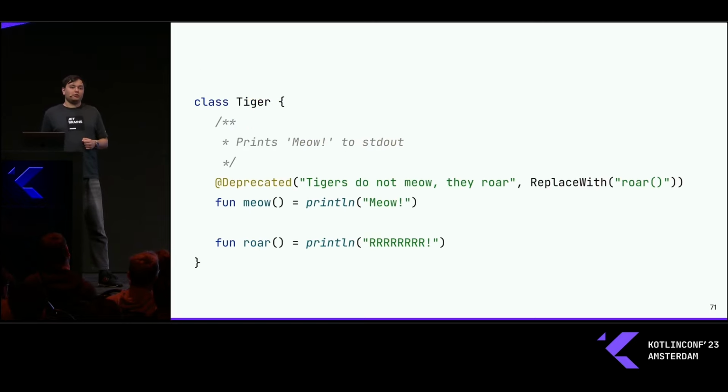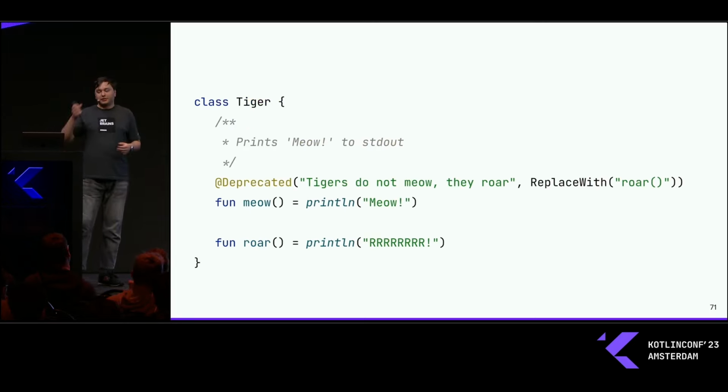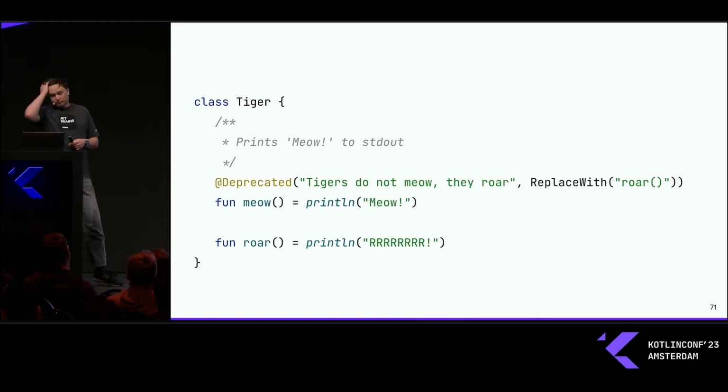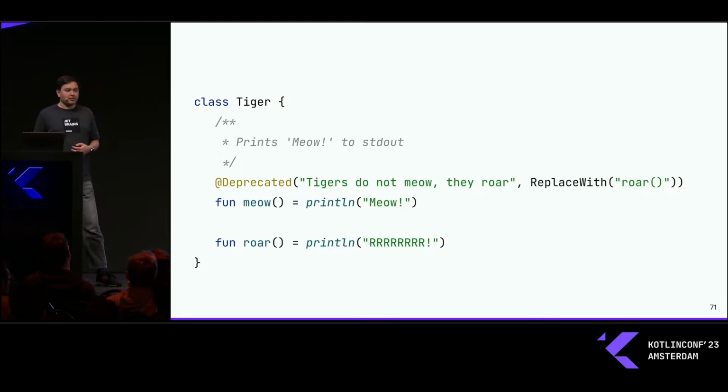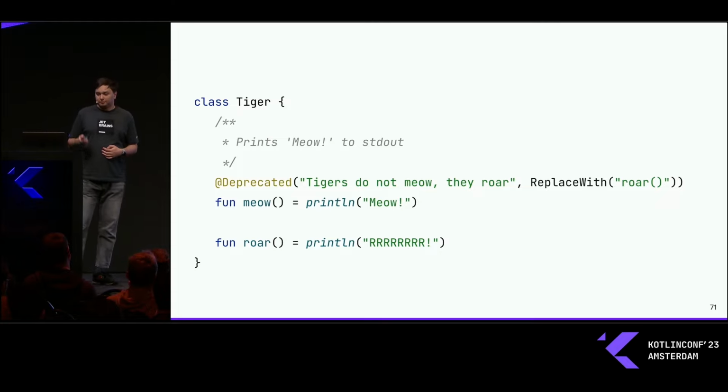Naturally, we don't use any deprecated tags in KDoc because it doesn't have any. So we simply leave our KDoc as is and mark this function as deprecated with a message stating the reason. And we can provide some replacement right there. As you can see, I wrote deprecated, tigers do not meow, and replace with roar.